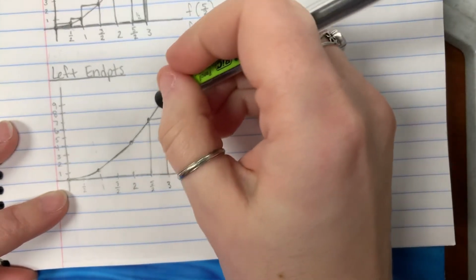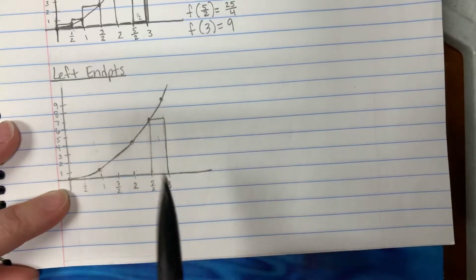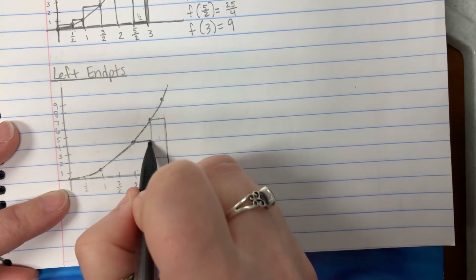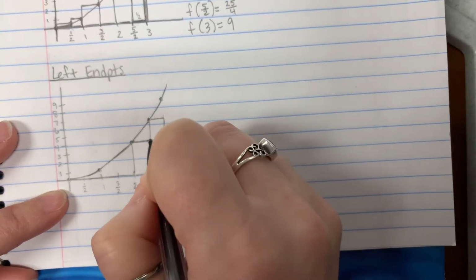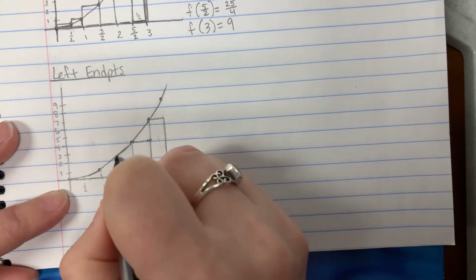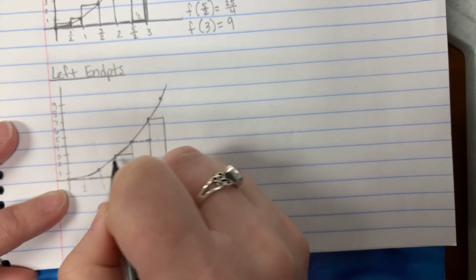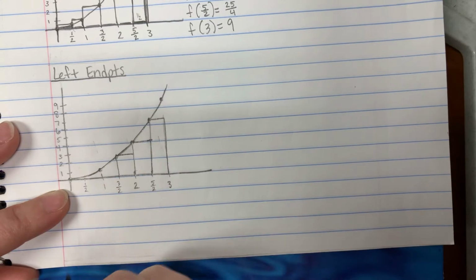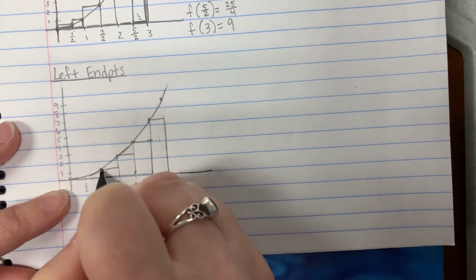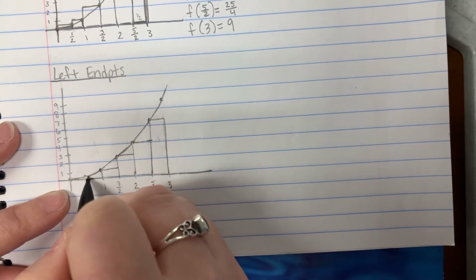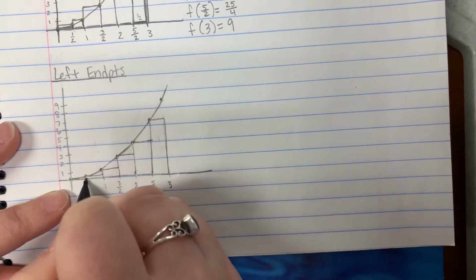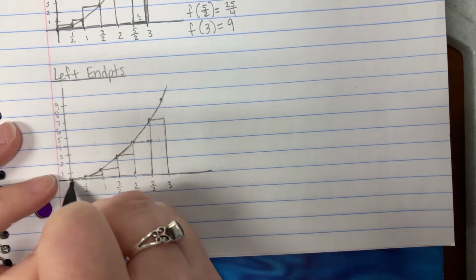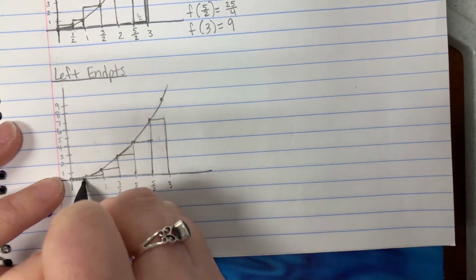So just be careful with that. So then this one goes over and down. There's my second one. This one goes right there. And then this one goes right here. It's a little bitty. And then this last one is at 0. So that one's kind of a weird one.